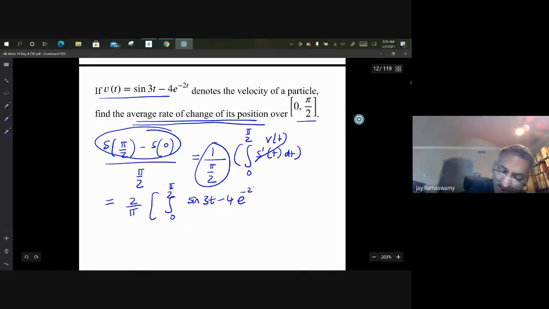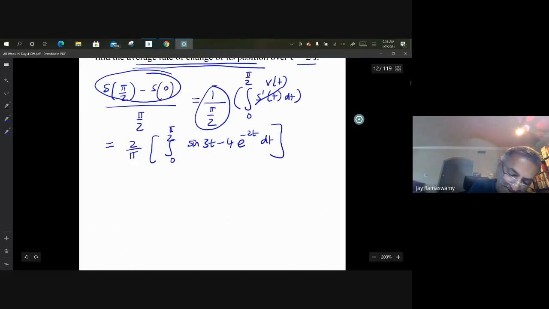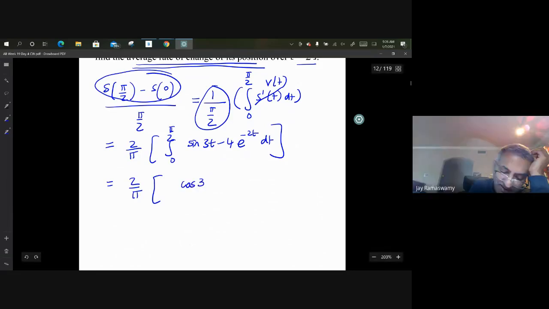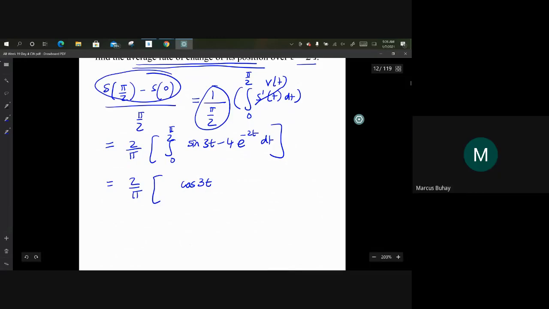Okay, we will only integrate, we will not plug in. Don't forget the operator. Okay, Mr. Buhe, have a shot. What's the integral of sine of 3t? Negative cosine of 3t. You mean 3t? Is it 3 times? Oh no, divided by 3.